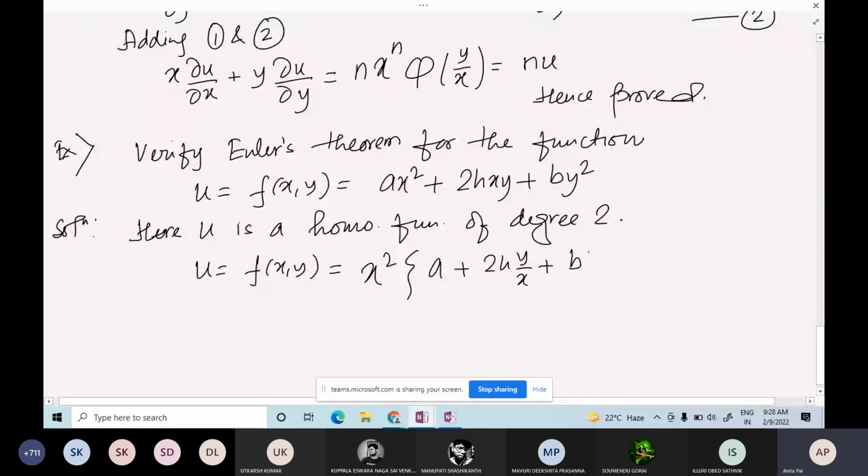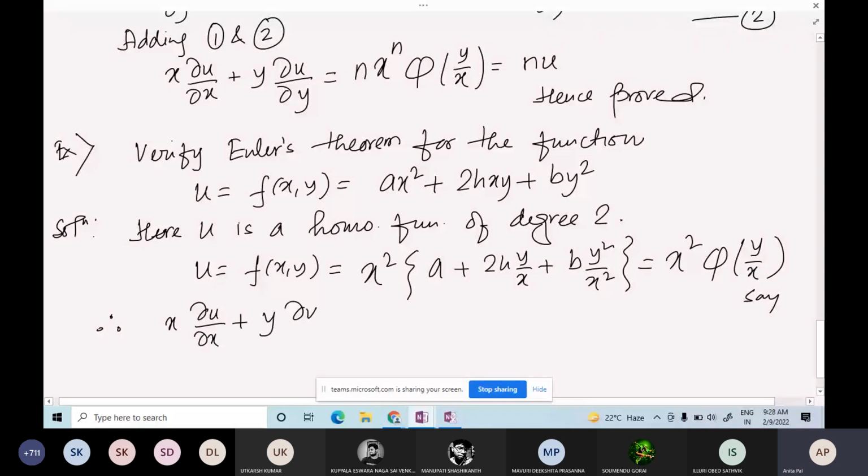We can write it as x square phi y by x. So obviously u is a homogeneous function with degree 2. Therefore, we can use our Euler's theorem. Therefore, x del u del x plus y del u del y should be equal to n u, here n is 2, so 2u.